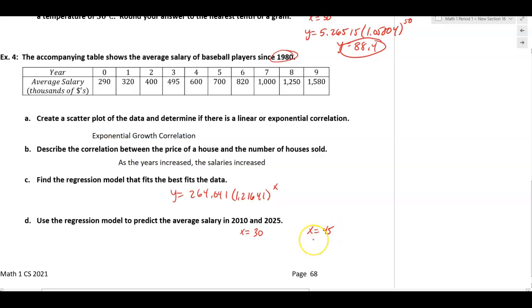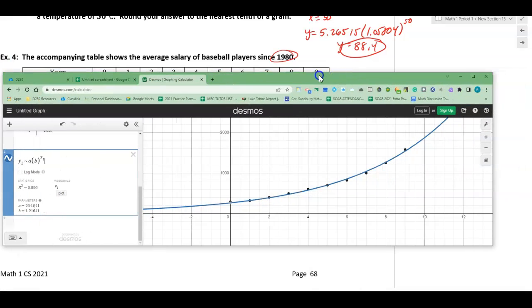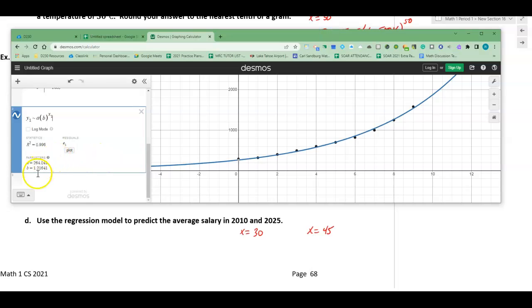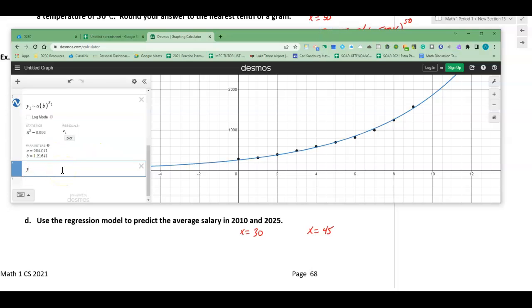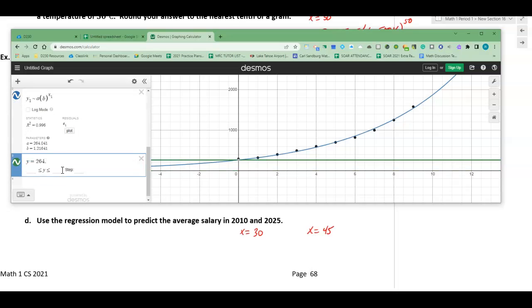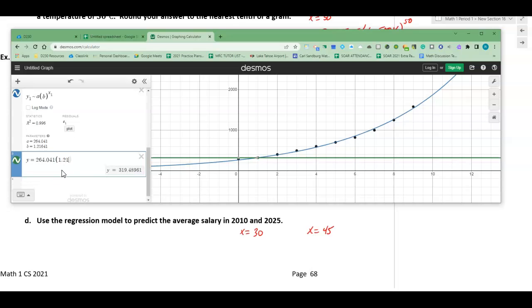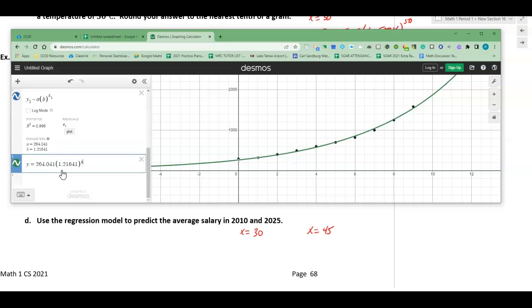Now what I like to do is type this equation into Desmos. I'm going to say y equals 264.041 times 1.21641, all to the x power.